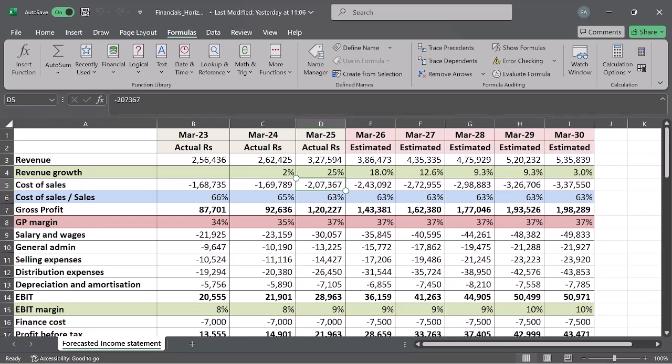Then the cost of sales, which I have assumed at 63%, which is the raw material cost and all other costs divided by sales. Then we have the gross profit margin. The margin has more or less been maintained by the company.